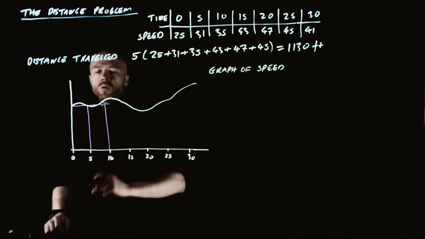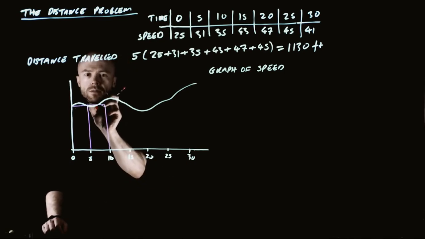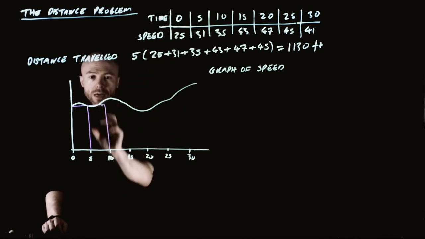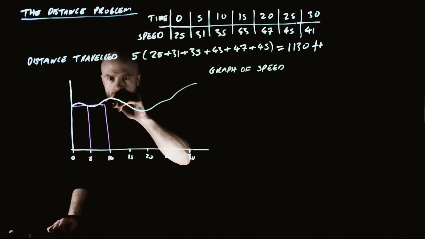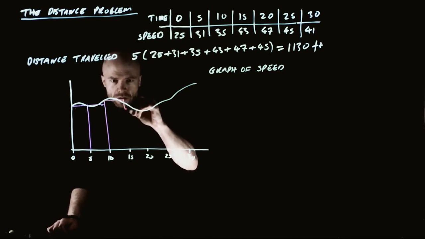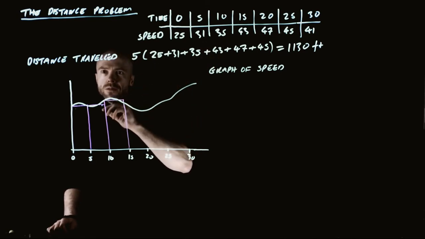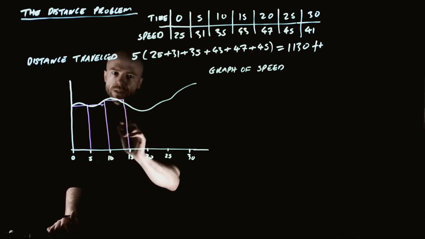And again, we are taking this 31 as an approximation, and multiplying it by 5, and that's going to be the area of this rectangle. This guy here, from 10 to 15, we are assuming 35 is a good approximation, so we're taking 35 and multiplying it by 5, that's the area of this rectangle, and so on.